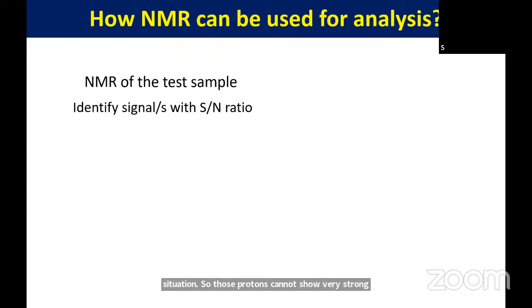Those signals we avoid. So signals like protons present on benzene ring, protons present in methoxy group, protons present in alkyl chains, they are suitable for quantitative analysis of a particular compound. They represent 100% the sample concentration.